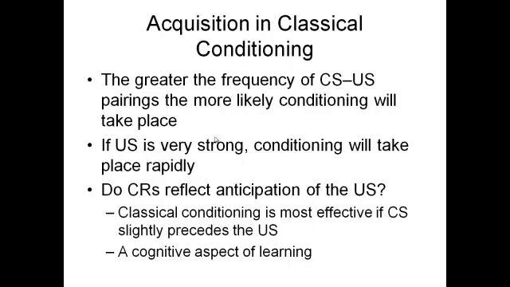An example of this might be where you eat something and you get really, really sick after you eat it. That unconditioned stimulus, whatever it is that caused you that sickness, is going to lead you to have a very strong reaction to whatever it was you ate before you got sick.